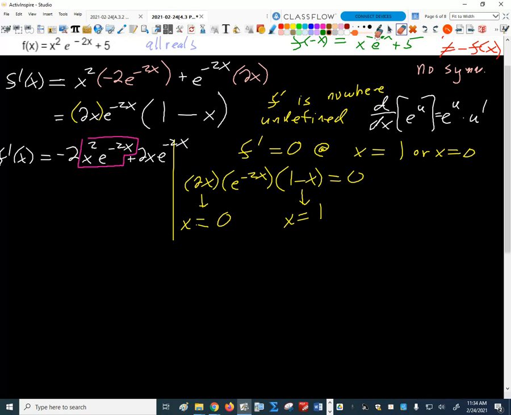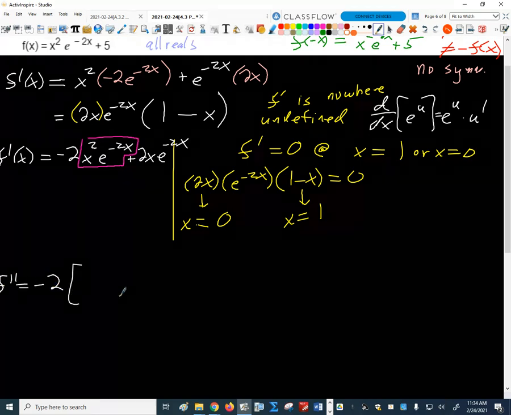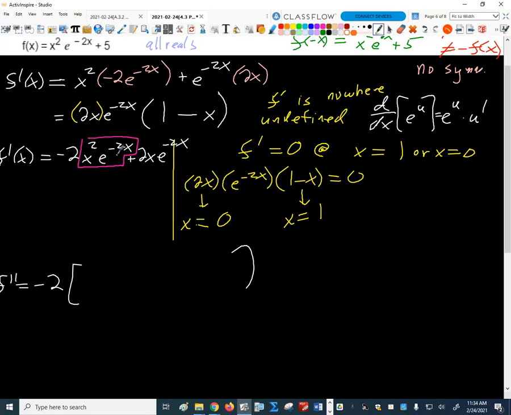we already know that I'm going to get -2 times the derivative of that, which is all that stuff right up there, okay? Which is a -2, I'll just clean this up, -2x squared e to the minus 2x plus 2x e to the minus 2x.